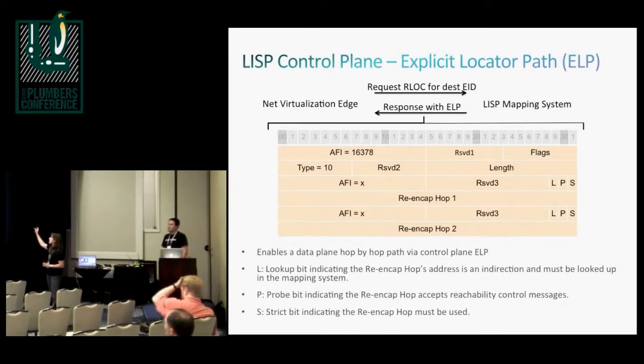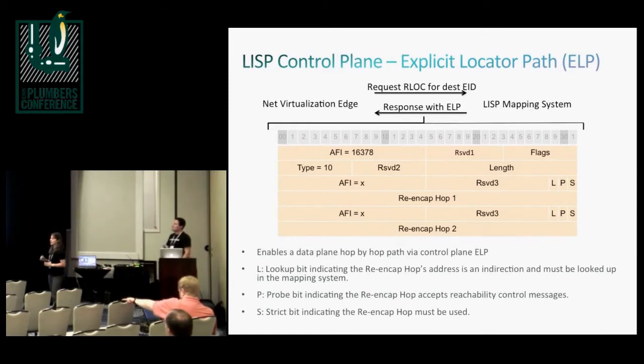So basically, let's say in the mapping system, you have an entry for a VM with this MAC address, or with this IP address, and then there you define the entire path of how to reach that VM.